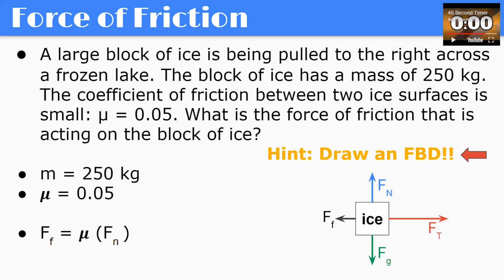I'm trying to draw them so that they're roughly equal in length because my question mentions nothing about it accelerating up or down, so I'm assuming those are balanced. They're going to cancel. Okay, and so the other forces I have are force of tension because he was using a rope. If you labeled it applied force, that's fine too for this scenario. And then force of friction. I'm assuming it's small because it tells me that it's small. Okay, so I drew that arrow shorter.